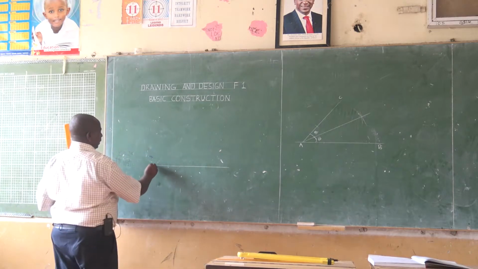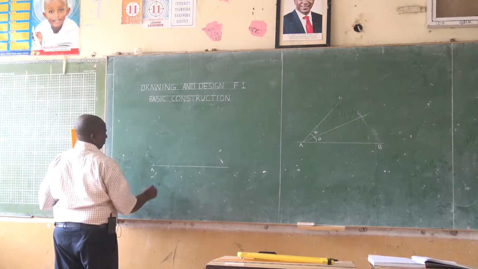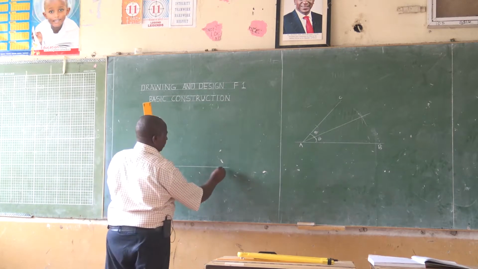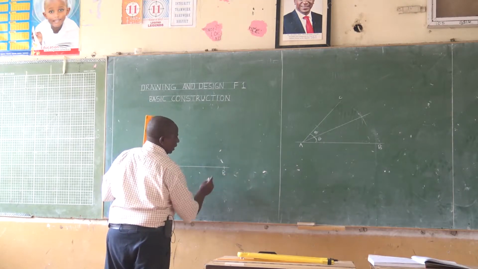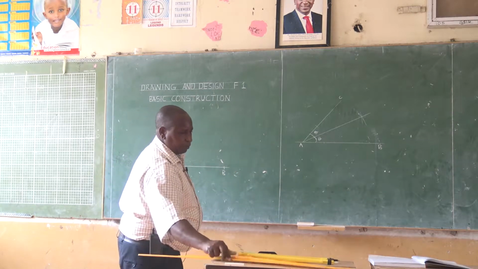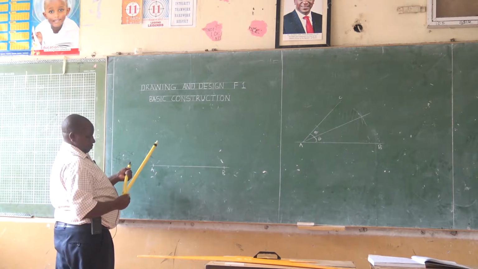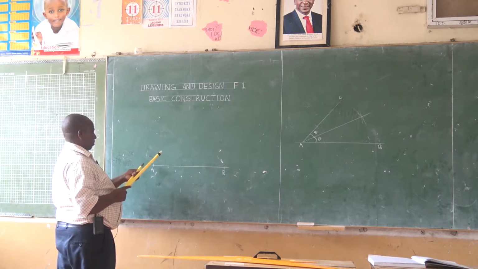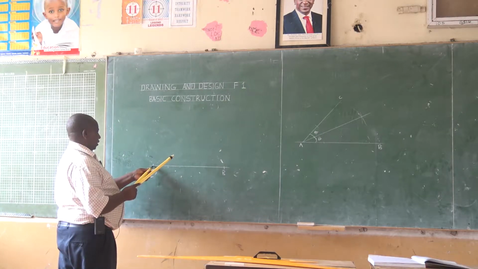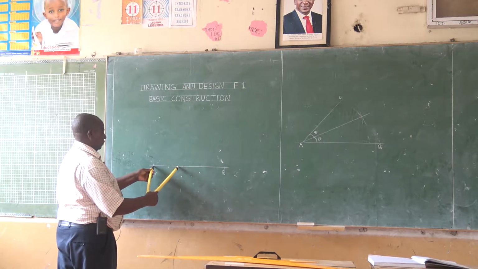So from a point A on a line AB, it is possible to erect a perpendicular line by using the following method.